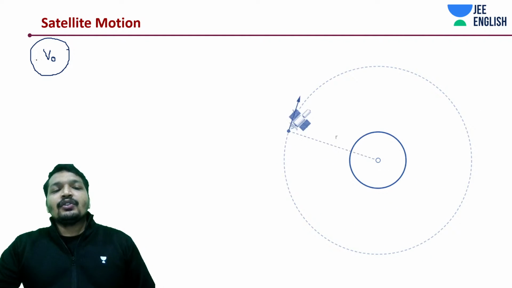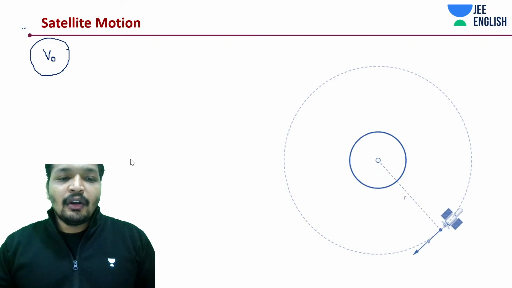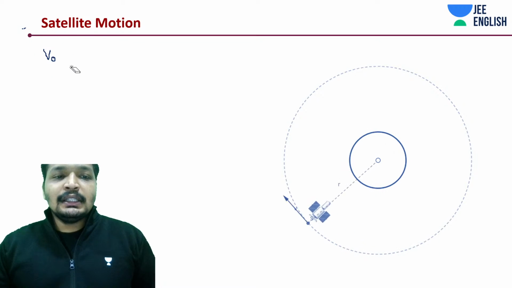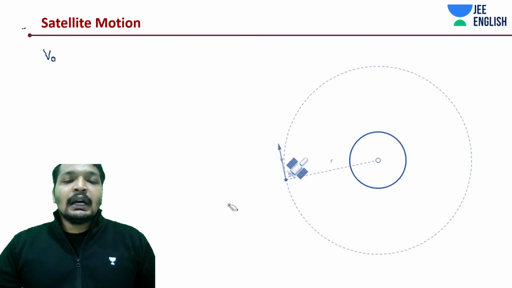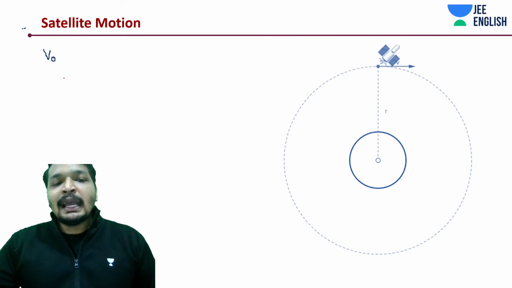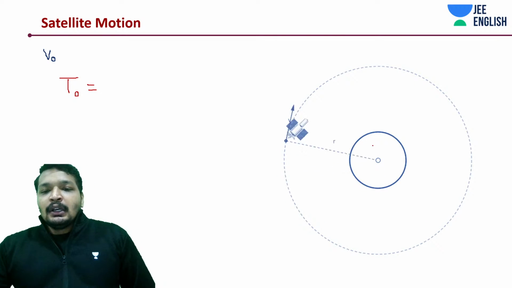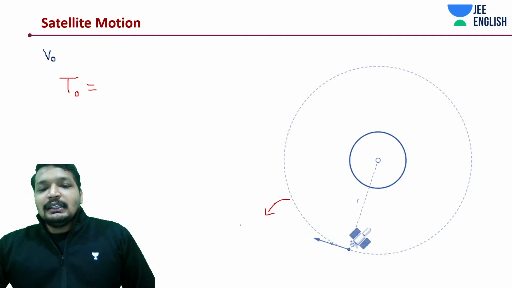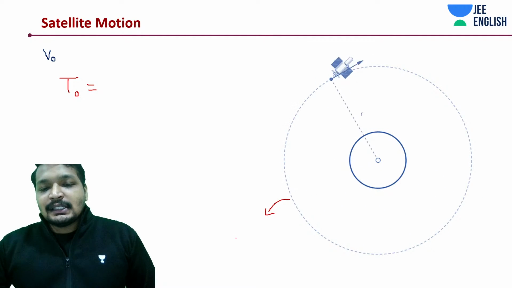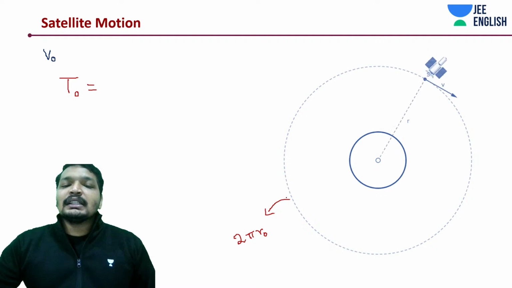Okay, so let's say you know this thing, and you need to find out the time period of this rotation, the time period of orbiting. How do you find this out? So what is the circumference of this circle that is being made in the orbit? 2 pi RO, and it's moving with a speed of how much?